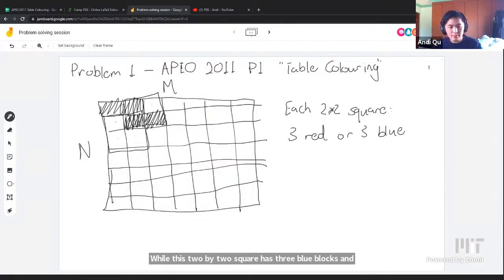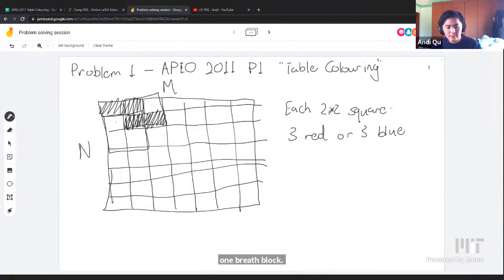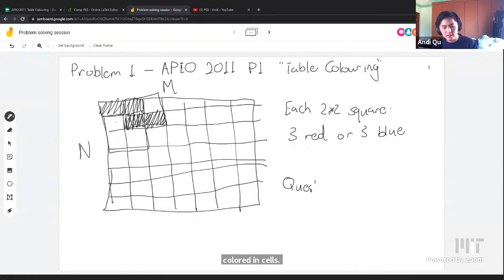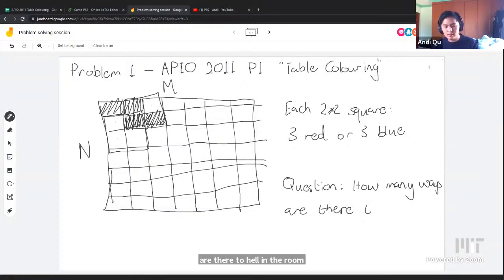Now, some cells are already colored in either red or blue, and given these colored cells, you want to find out how many ways there are to color in the rest of the table.